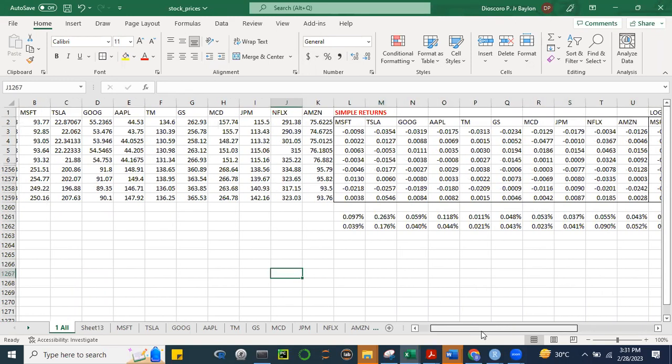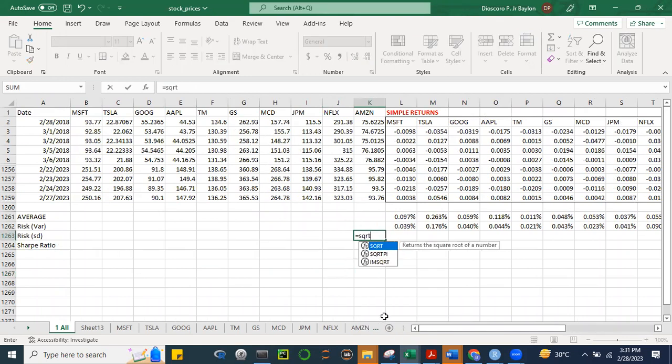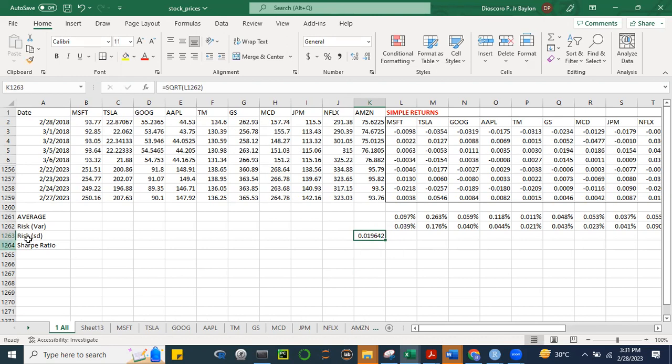Okay, so that's the measurement of the risk. Okay, we can get the square root nito, to get the risk in terms of the standard deviation. But let's not do that.